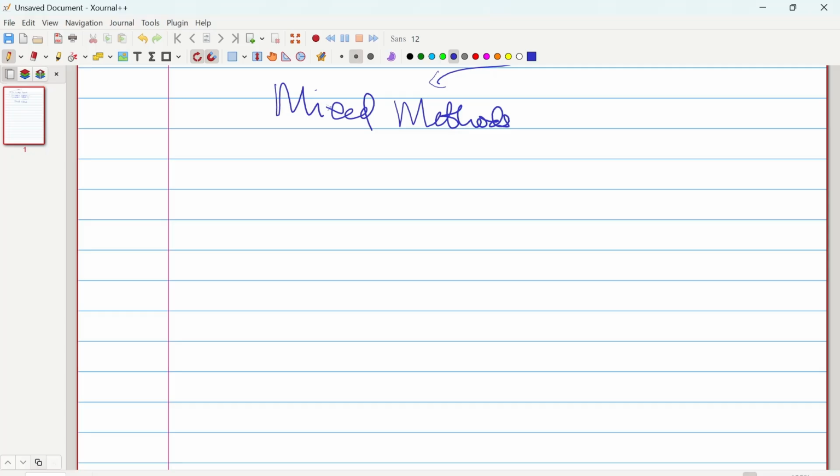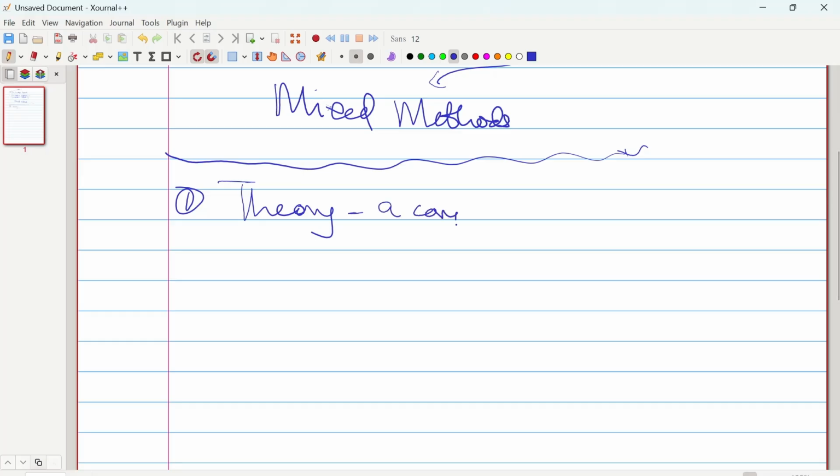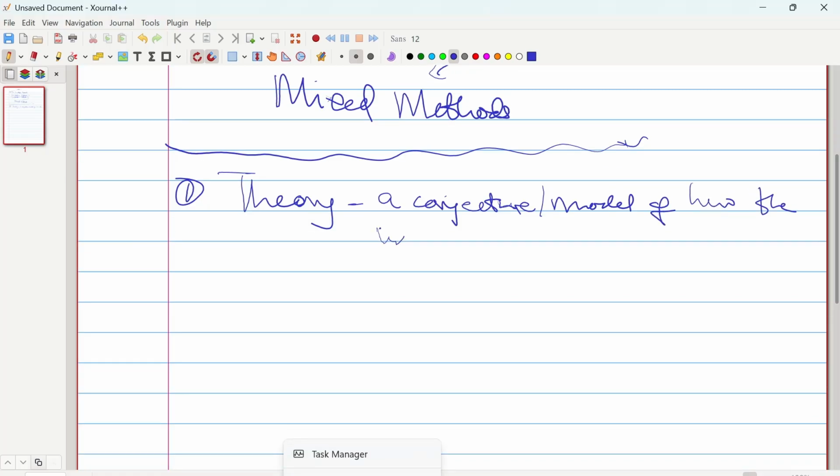To explain that, the first thing that we want to do as social scientists is that we want to have some theory of how the world works, right? So a theory is basically a conjecture or model of how the world works. Okay, so that is basically what a theory is.